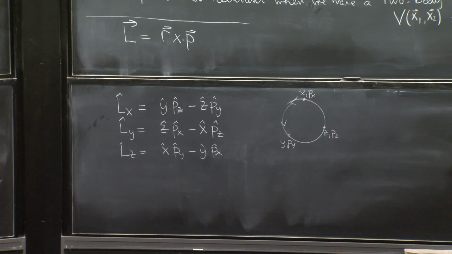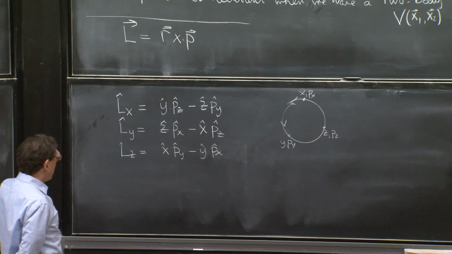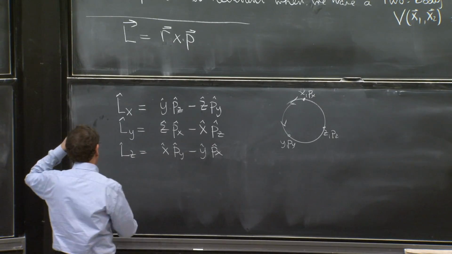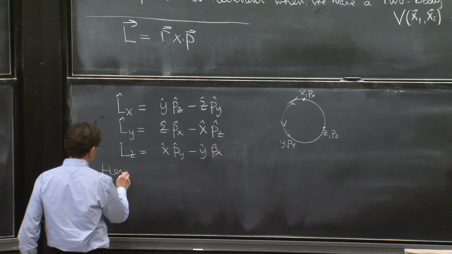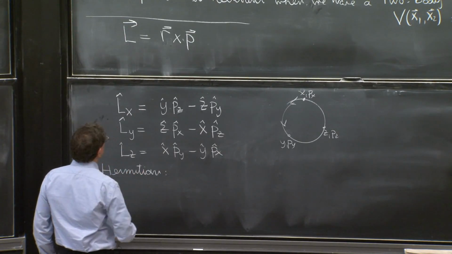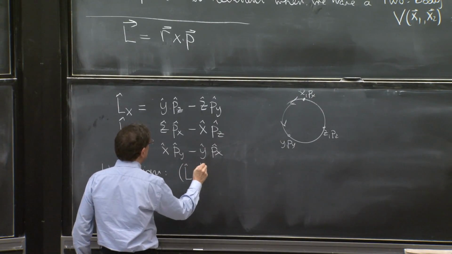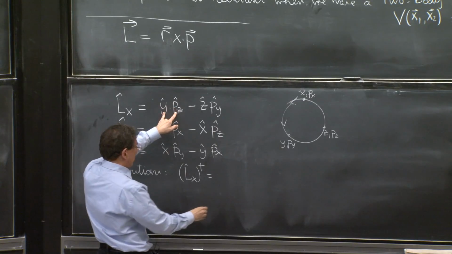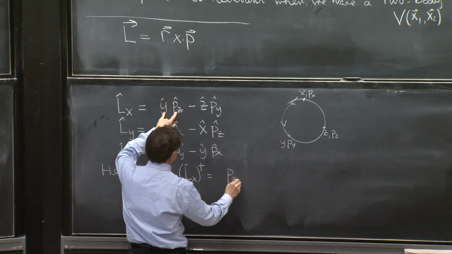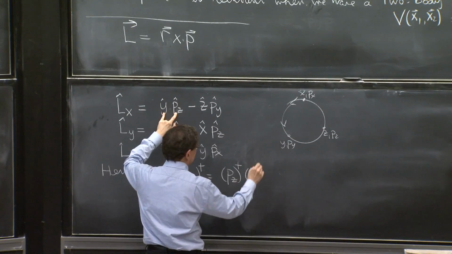All of them are unambiguous. But now these are operators. And moreover, they are Hermitian operators. Let's see, Lx dagger. Well, the dagger of two operators, you would do pz dagger, y hat dagger.